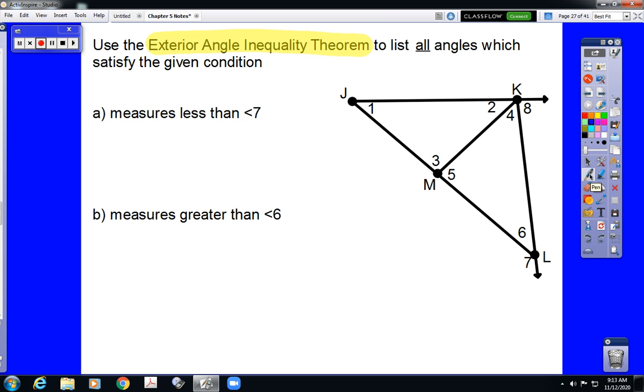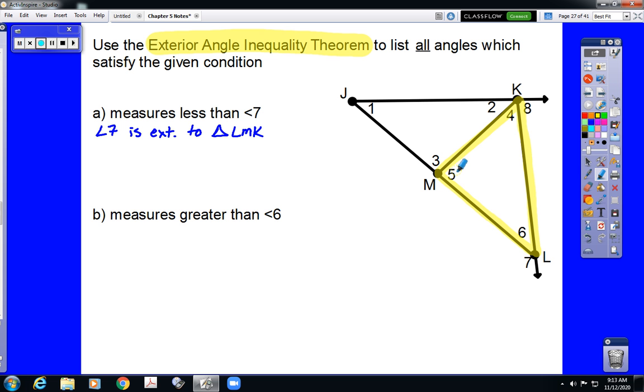So, looking for angle measures that are less than angle 7. Well, angle 7 is exterior to triangle. We'll start with triangle LMK. It is exterior to this triangle right here, LMK.